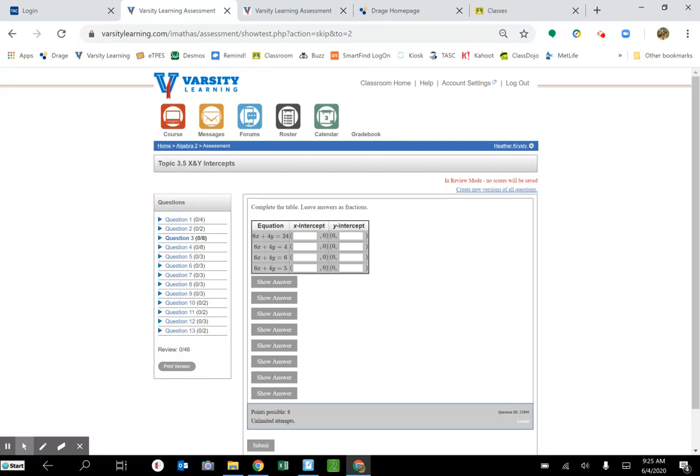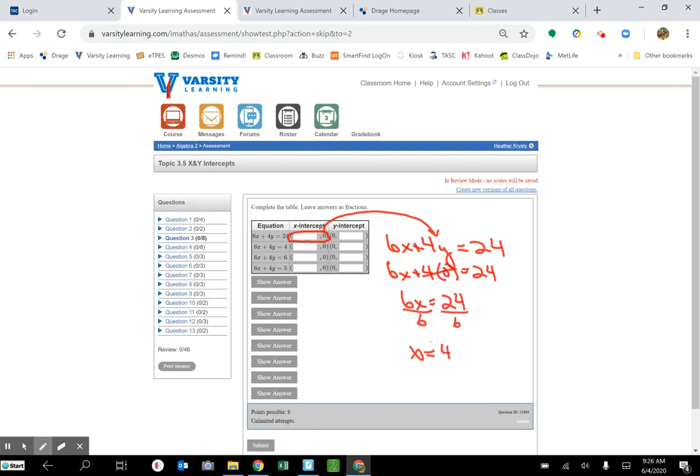If I take 6x plus 4y equals 24, and I let y be 0, then I have 6x plus 4 times 0. Well, that's going to go away, right? So that's gone. So now I have 6x equals 24, divide by 6, divide by 6, and x equals 4. So the x-intercept is 4, comma 0.